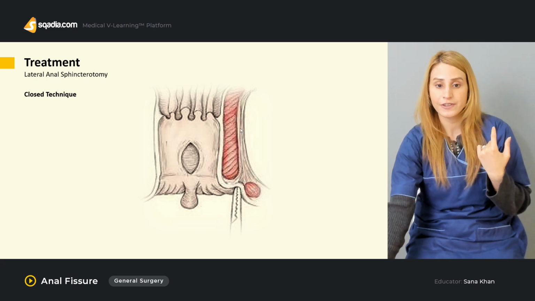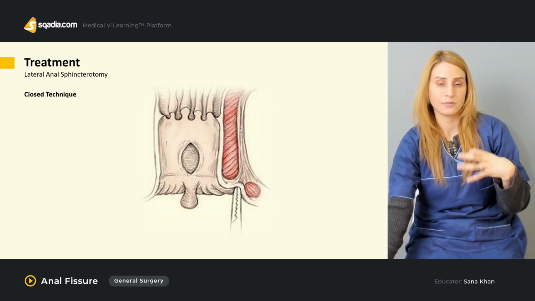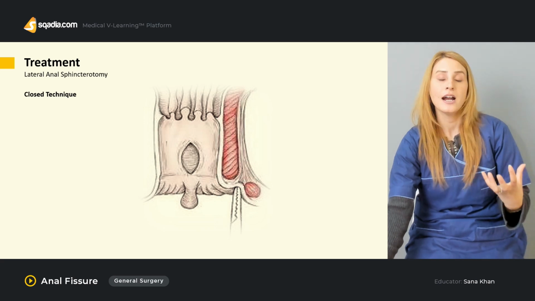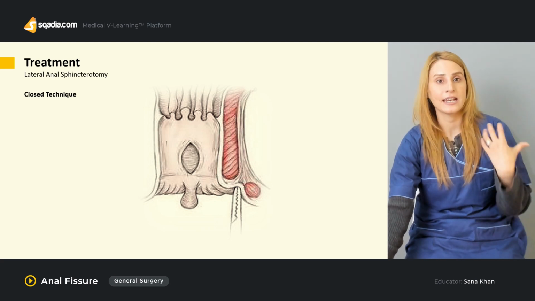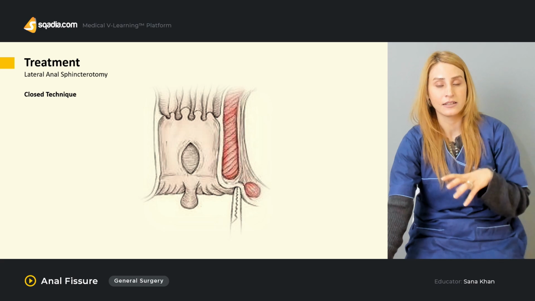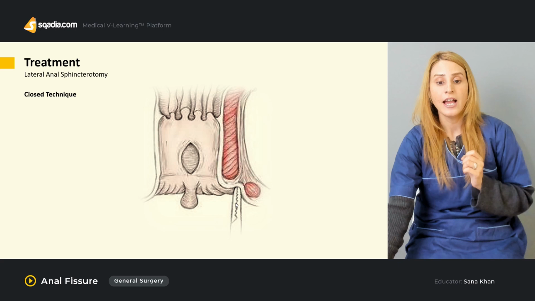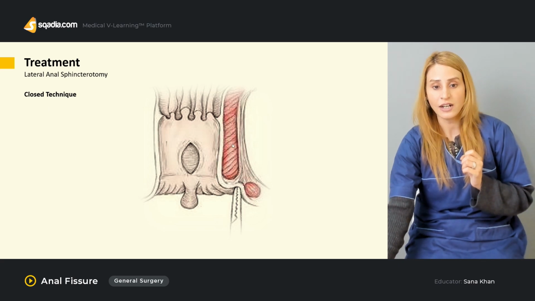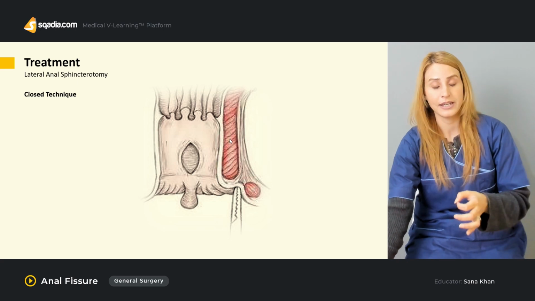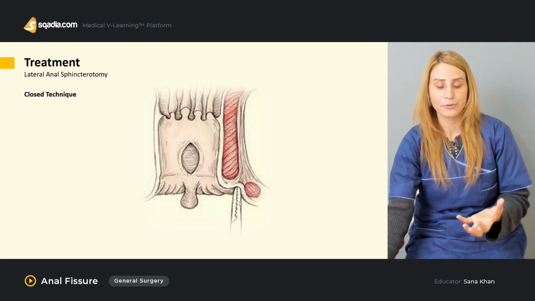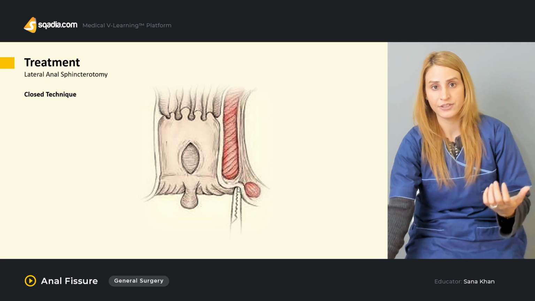So the division of these will reduce the spasm. A little bit of pressure would be released, and the sphincter tone would be a little bit decreased as compared to the previous tone. So in the closed technique, you're not dividing the fibers by visualizing them, but you're going bluntly, and you're just finding the intersphincteric groove.